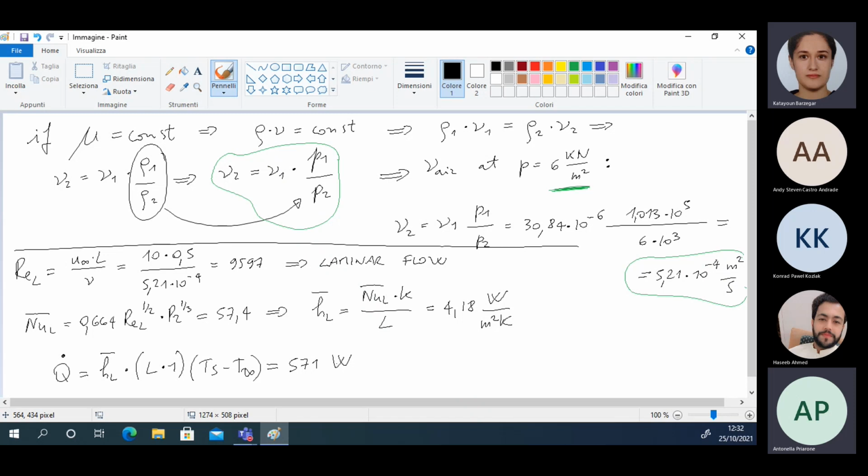So this example is very simple from the point of view of the application of the correlation, because you have only to estimate the regime and to select properly the correlation, that in this case is the correlation for the laminar flow. The only unusual point is the calculation of the kinematic viscosity for a particular condition.